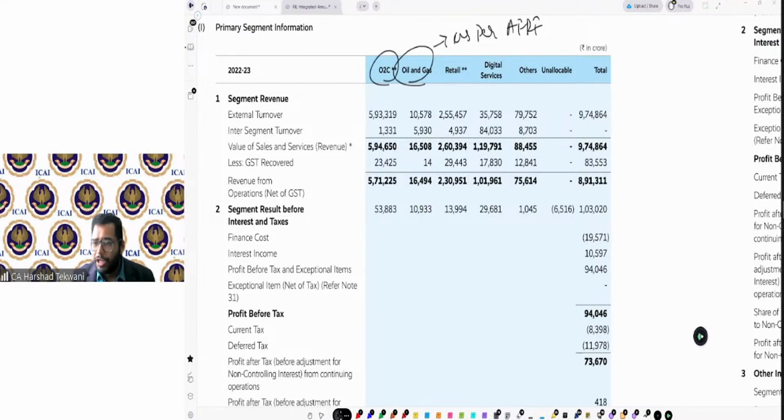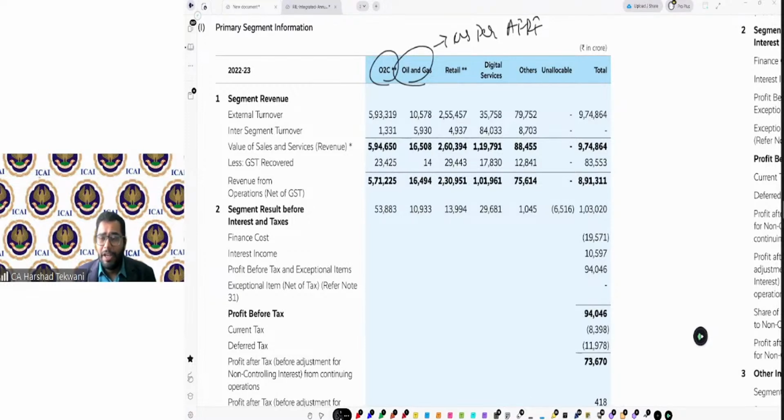Okay, very good, Tanisha. First of all, I will understand the applicable financial reporting framework like Ind AS 108, AS 17. Very good.